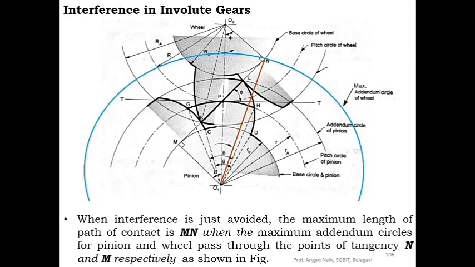When interference is just avoided, the maximum length of the path of contact is MN, when the maximum addendum circles for pinion and wheel pass through the points of tangency N and M respectively, as shown in the figure.